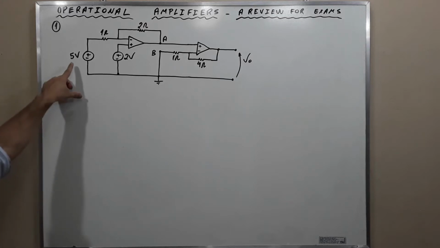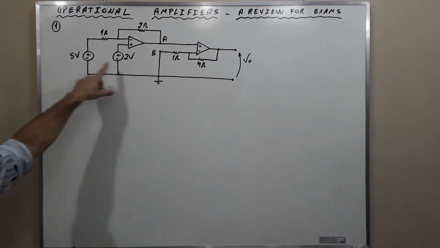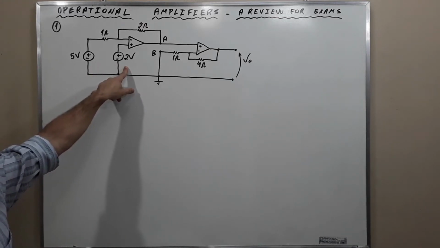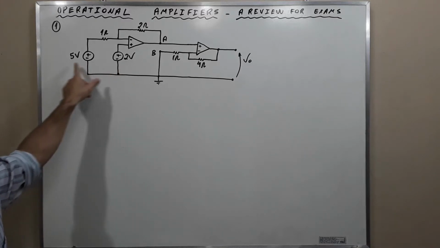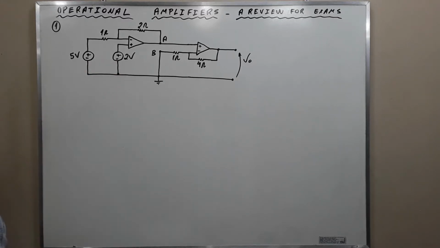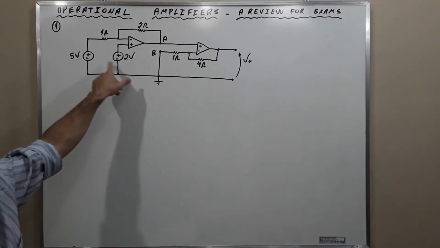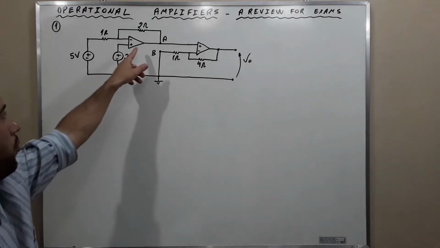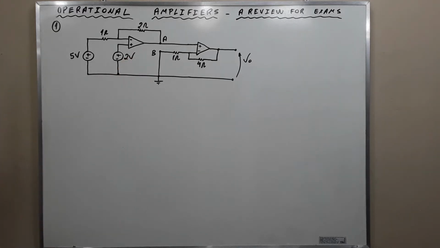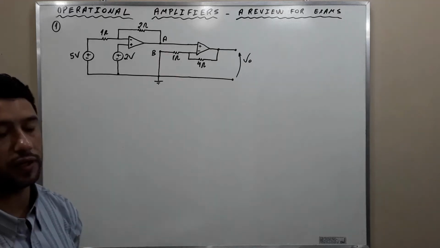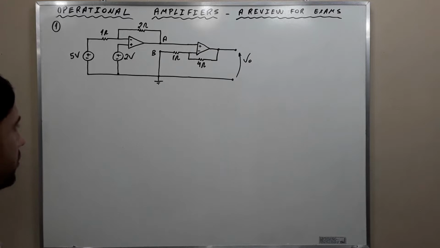We are going to set each of the voltages here, 5 volts and 2 volts, at rest, and the resulting voltage is going to be the result of superposition applied to the first operational amplifier. Okay, so this is what we are going to do to find this voltage here. It is the first step in solving this problem.